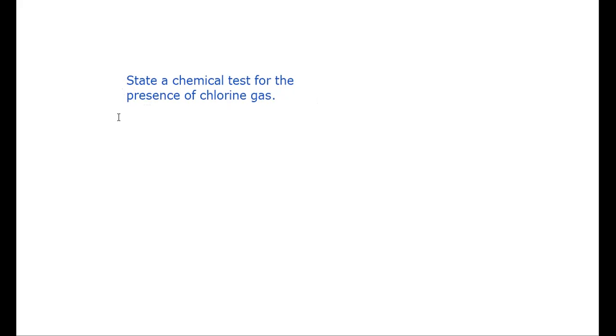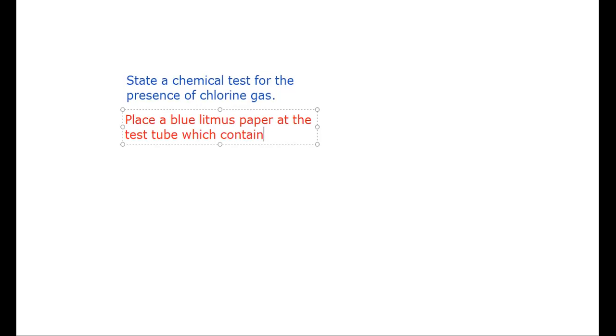Number 1, we are going to use the litmus paper. We are going to use the blue litmus paper. So place a blue litmus paper at the test tube, which contain chlorine gas.